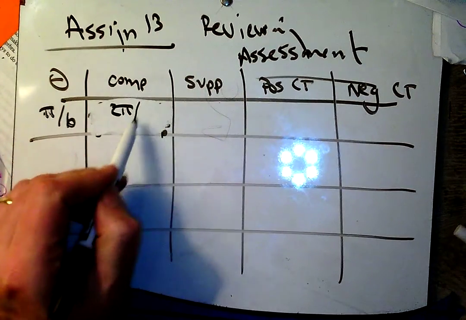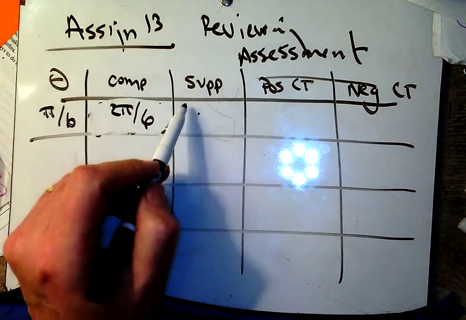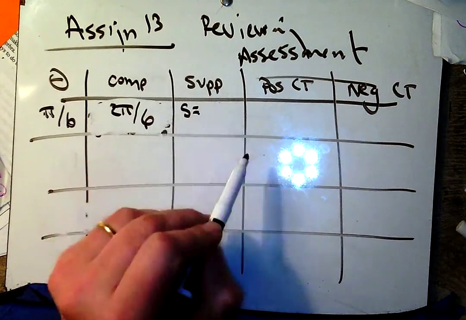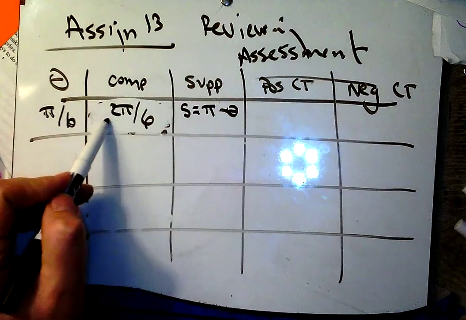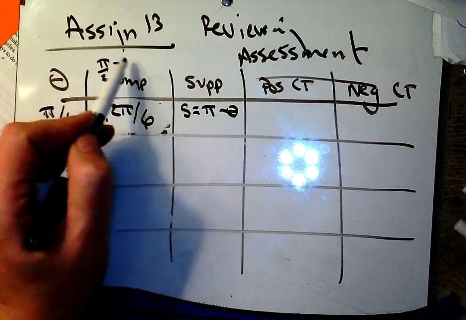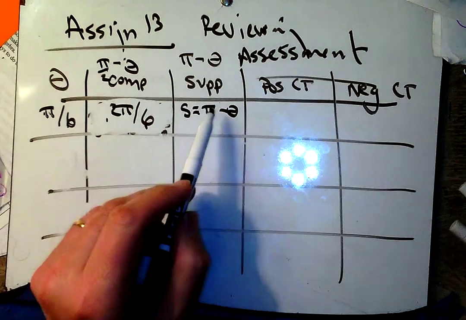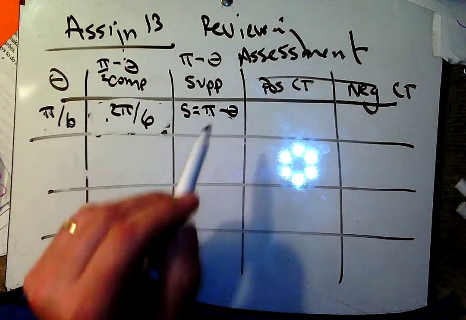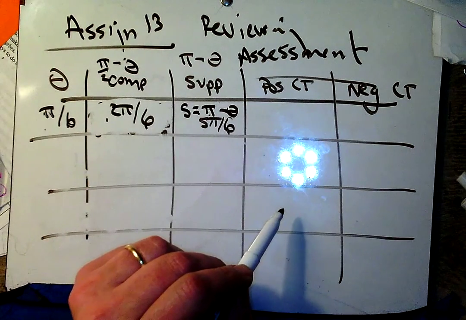And the supplement, what's the formula there? Sure, the supplement is equal to pi minus theta. Pi over 2 minus theta for complement, but pi minus theta for supplement. So pi minus pi over 6 is going to be 5 pi over 6.